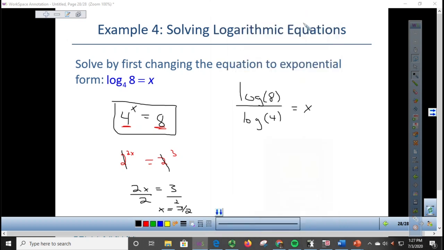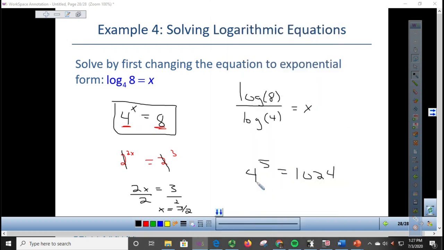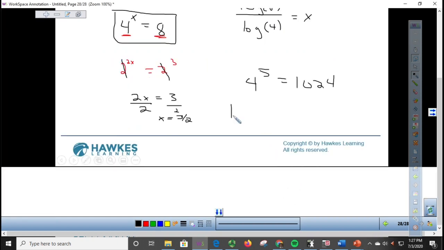All right. Now, what happens if you're given an exponential equation and you're asked to write it as a logarithm? Let's say you had 4 to the 5th power equals 1024. First off, let me make sure my math is right. 4 to the 5th, okay, 1024. And you were asked to write this in logarithmic form. So you would say log of my base.